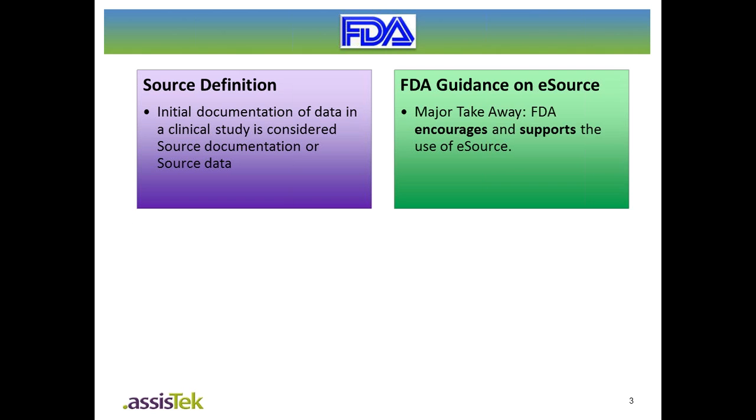All right, so the definition of source, of course, is the initial documentation of data in a clinical study. And like we talked about earlier, most often our source data is being captured on paper. However, the FDA guidance, which actually they just released a new version of the guidance on eSource, I believe in November or December of last year, the major takeaway is that the FDA is actually encouraging and supporting the use of eSource.